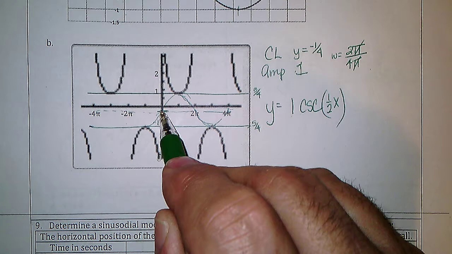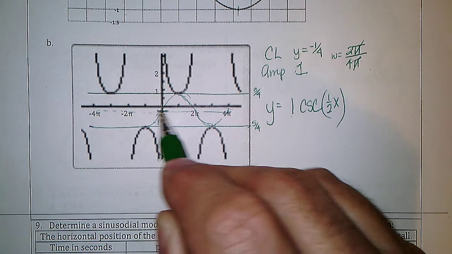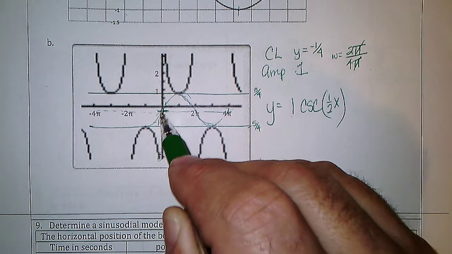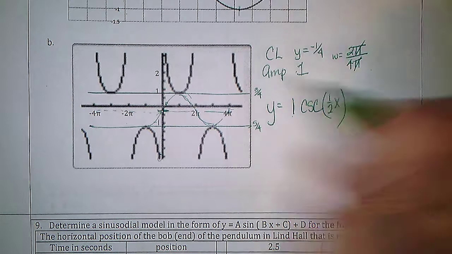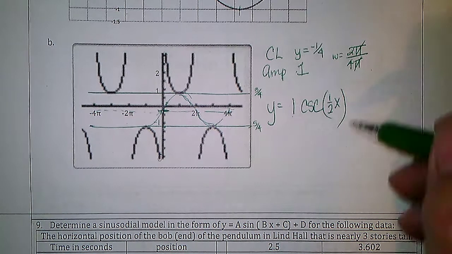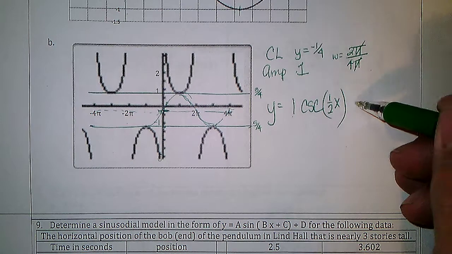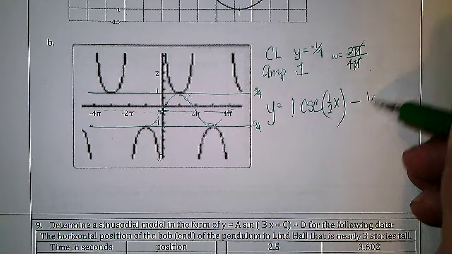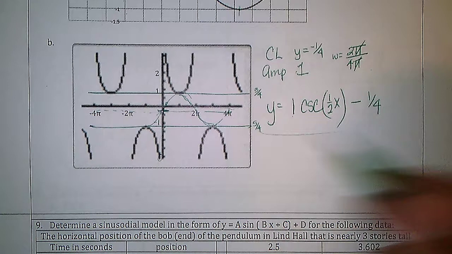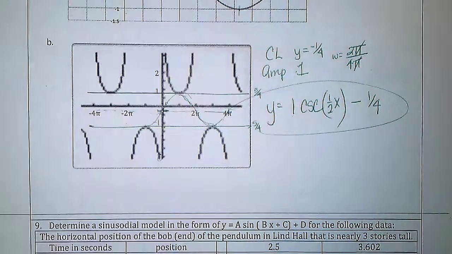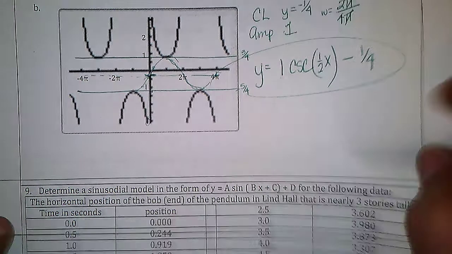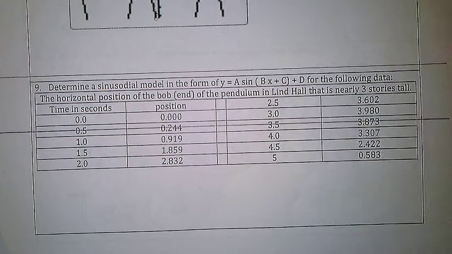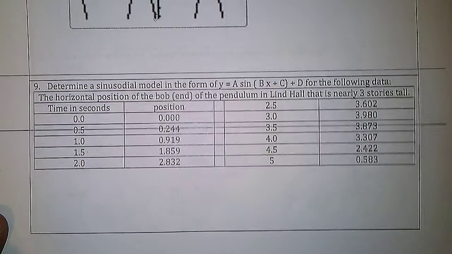This is not shifted any because it starts right on the center line at 0, which is what the sine does. So that's what the cosecant will do. And then it's down 1/4. 6 points for each of those two. And then finally, 4 points for this last one.